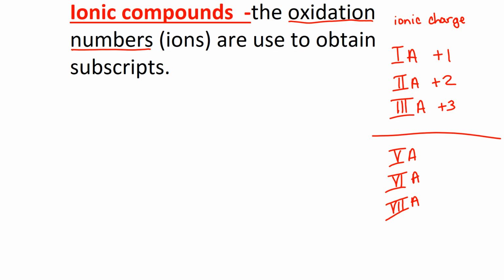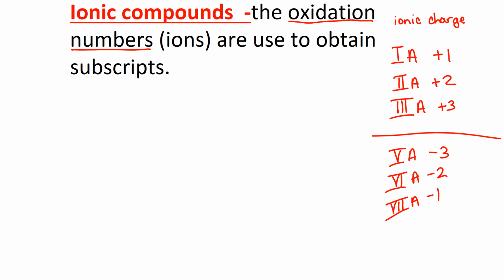All right. Now, going over here on this side, what charge do we normally associate with group 5A, or the nitrogen family? It's going to be a negative 3. What charge do we typically associate with group 6A, oxygen? Negative 2. And then group 7A is a negative 1.